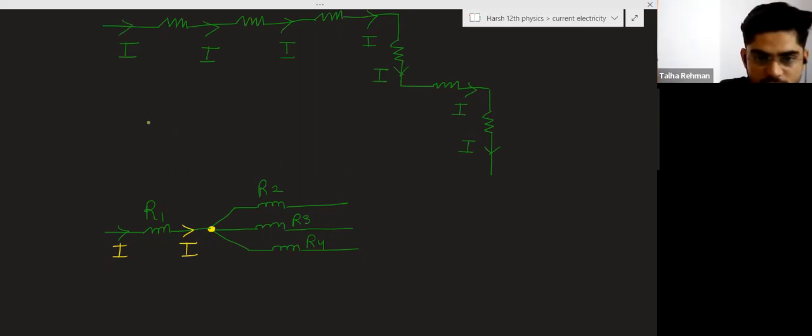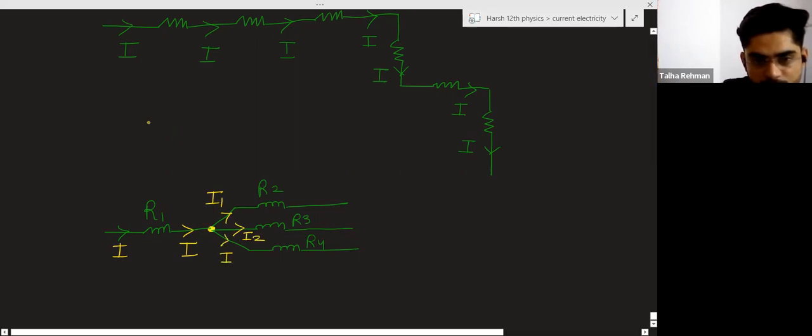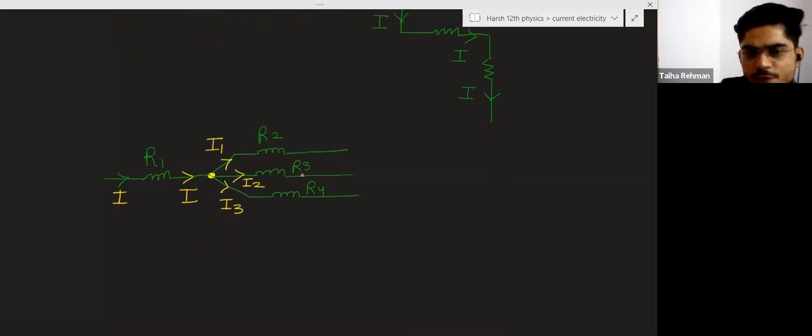So suppose I1 current is going in this wire, and I2 current going here, and I3 is going here. This is the value of resistance R3. Don't compare this with I2 and R3.